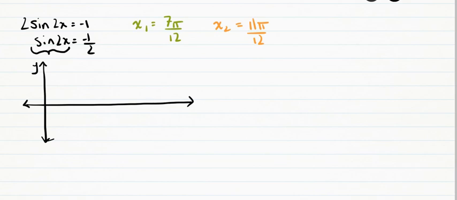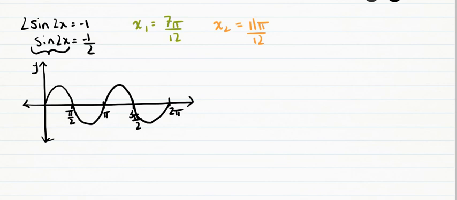Or in other words, the graph has been horizontally compressed by a factor of 1/2 from y equals sine x. And so starting at the origin, this graph would complete 2 full cycles before getting to 2 pi. So halfway between 0 and 2 pi would be pi. This would be pi over 2. This would be 3 pi over 2.